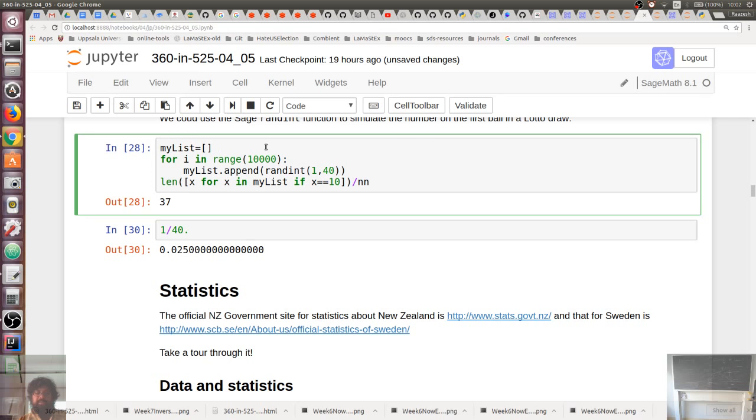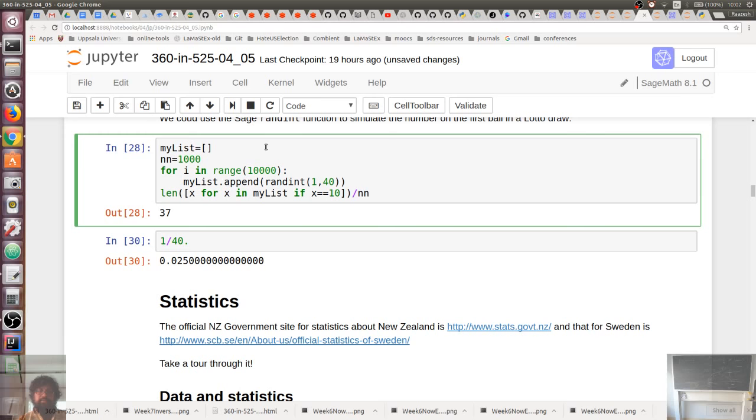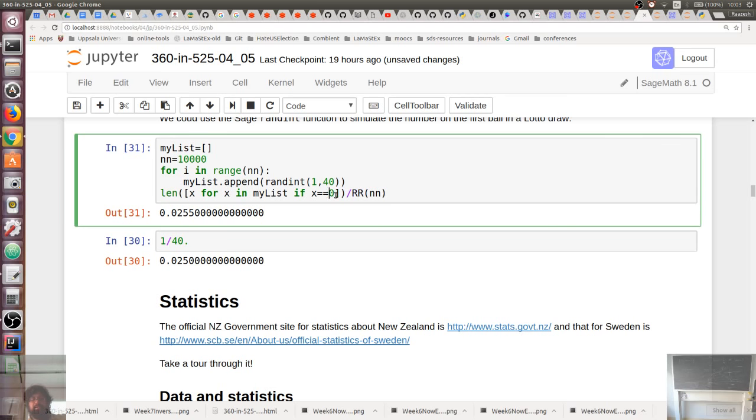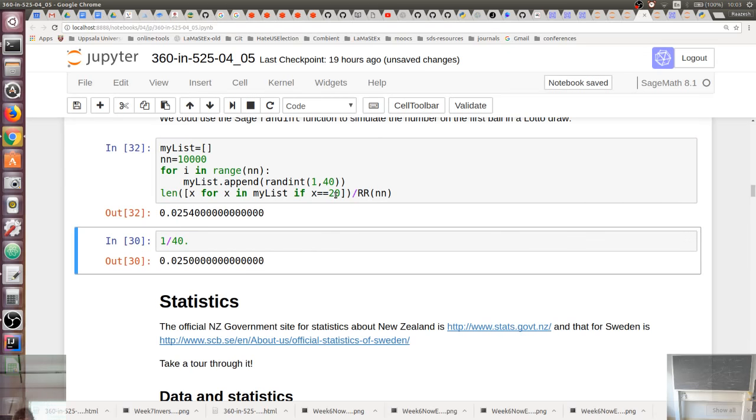Let's say I create something called nn, which is 10,000. Okay, so it's close to 0.025. You see what I'm trying to do? Just asking if the ball is 10. And if you change this to some other number like 20, it should also be close, right? So they should all be roughly the same.